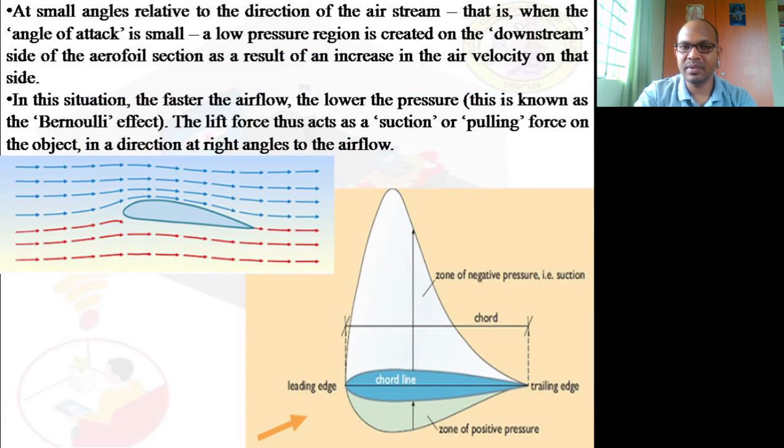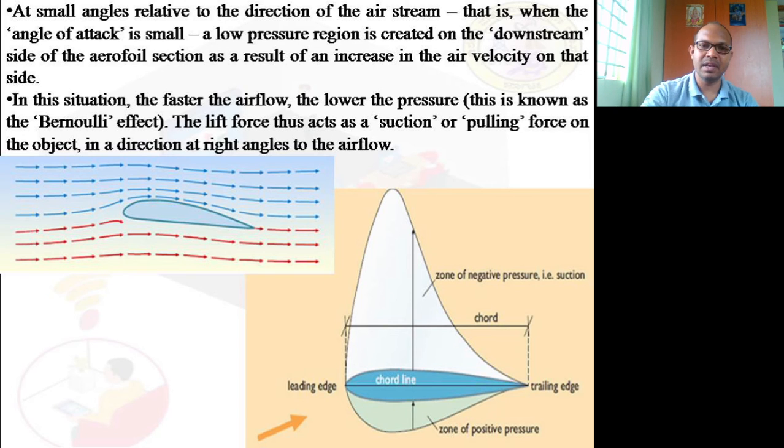Now this is the reason why, if you have curved shapes like this, if you imagine this is a ship or a dolphin or an aeroplane, this is how the stream will be placed at small angles relative to the direction of the air stream. That is, when the angle of attack is small, a low pressure region is created on the downstream.